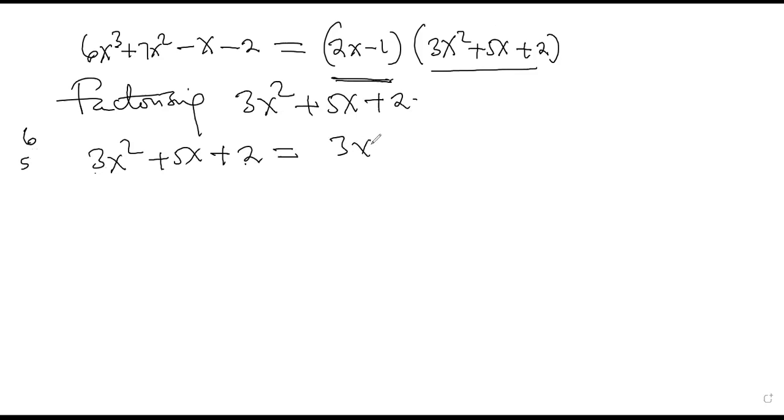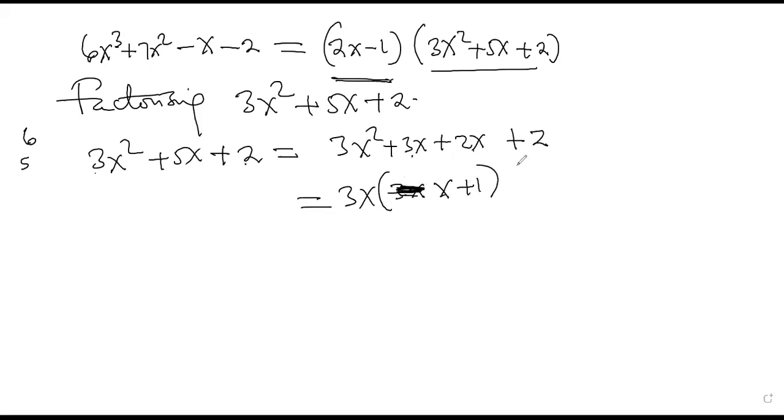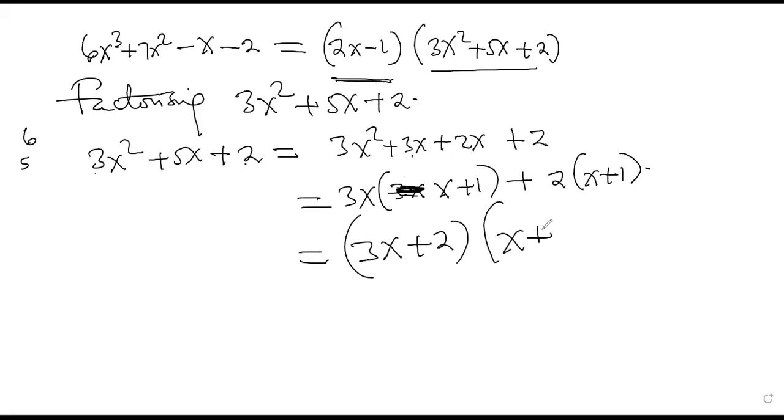So it will be 3x squared plus 3x, then plus 2x plus 2. You factorize out 3x being common; when you factorize out 3x, it will be just x plus 1. Then here a 2 is common, so it will be 2 into x plus 1. This one would mean that you will have 3x plus 2 and x plus 1.